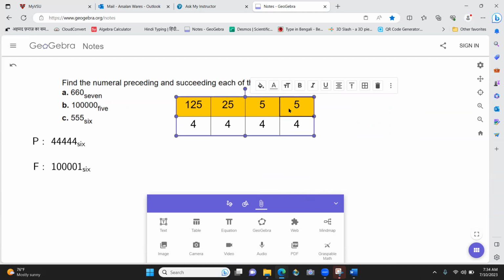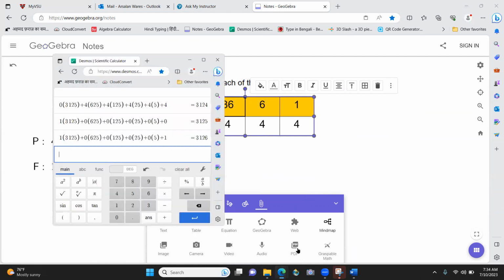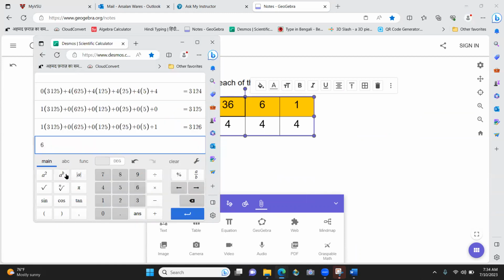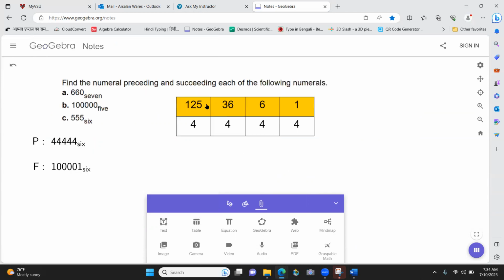This is 1. This is in base 6. So this is 1. This is 6. This is 6 times 6 or 36. And this is 6 times 3. Not 6 times 3, guys. 6 to the power 3, 216.